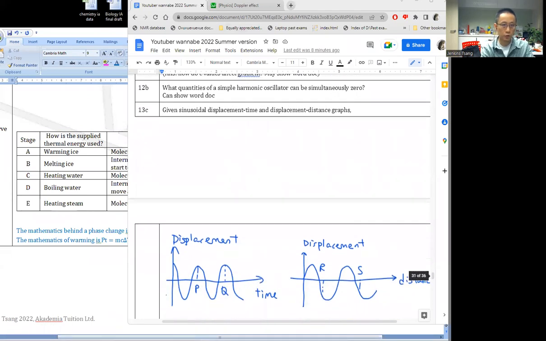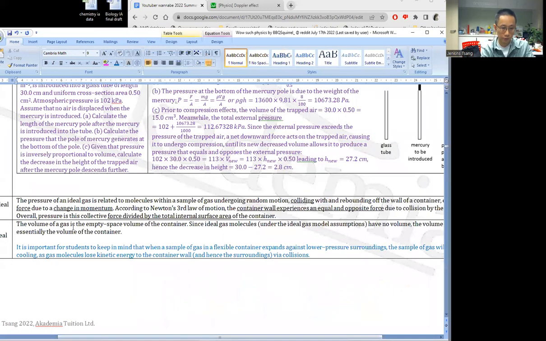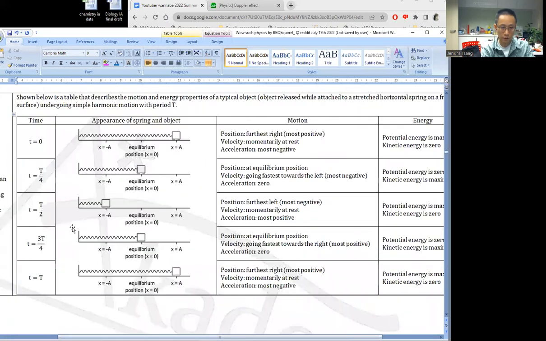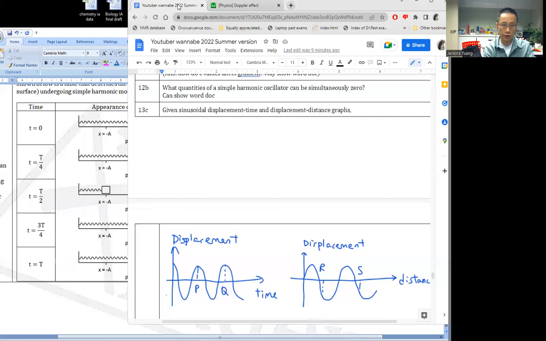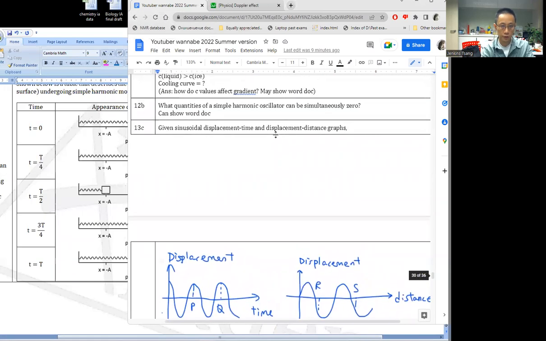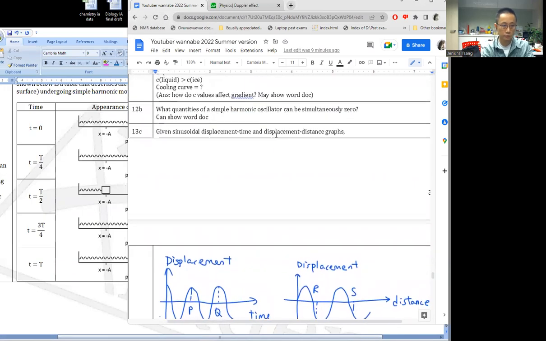Question 12. What quantities of a simple harmonic oscillator can be simultaneously zero? A fairly straightforward question about SHM. If you're familiar with this kind of situation, you can easily recognize that at certain stages of oscillation, especially at the equilibrium position, the displacement is zero and the acceleration is also zero, because acceleration is proportional in value to the displacement of the particle at all times.